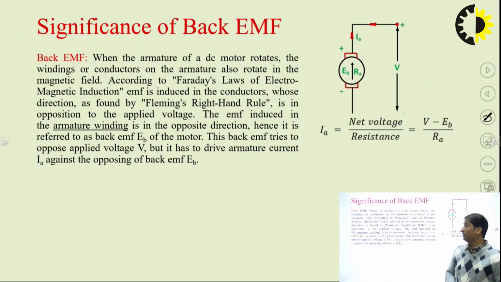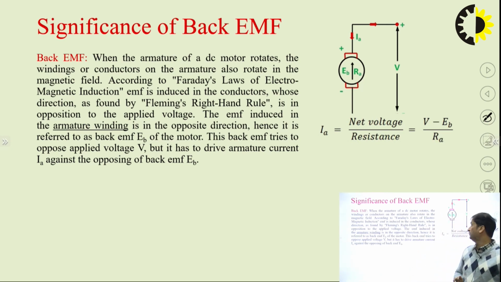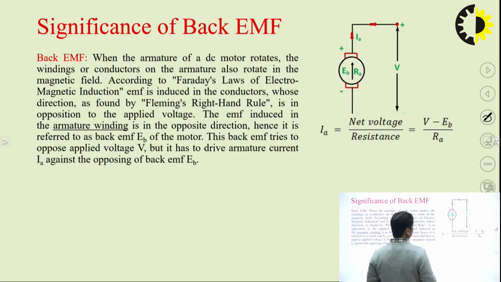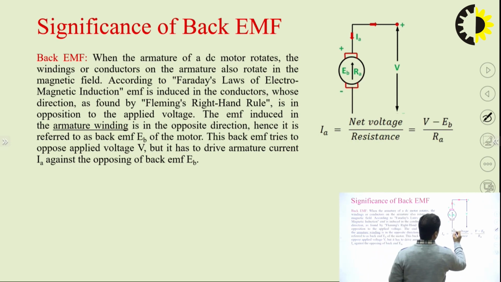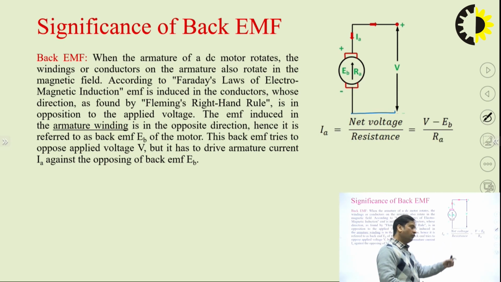Now a very important topic is the back EMF. Look at this circuit actually. In this circuit, when we apply the voltage, the current carrying conductor rotates in the magnetic field and experiences a force, and when the motor rotates, it means that it will link the flux.